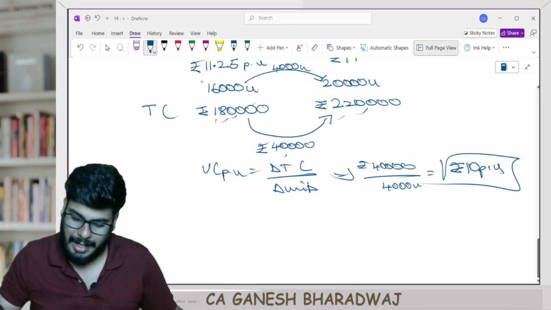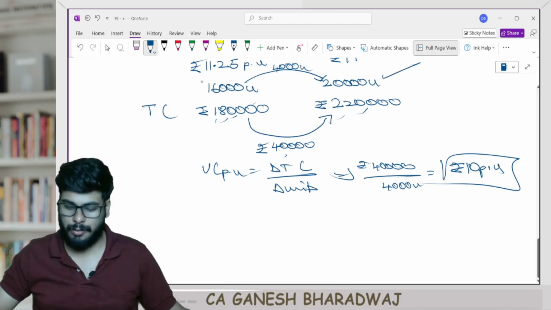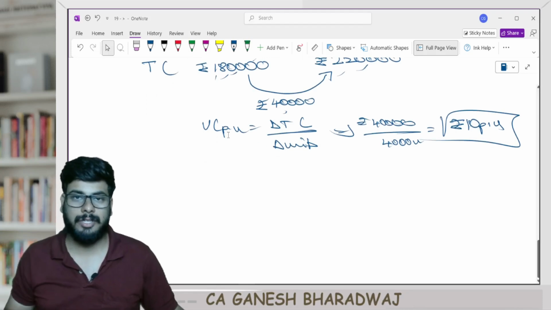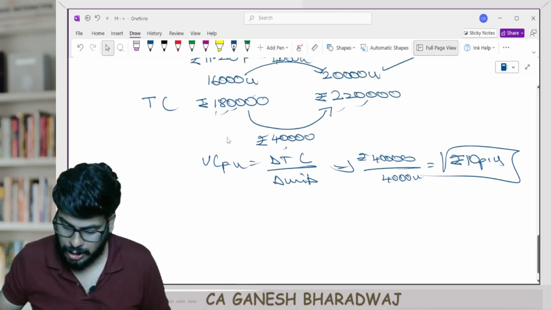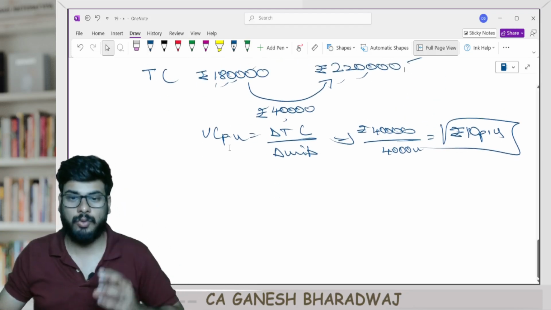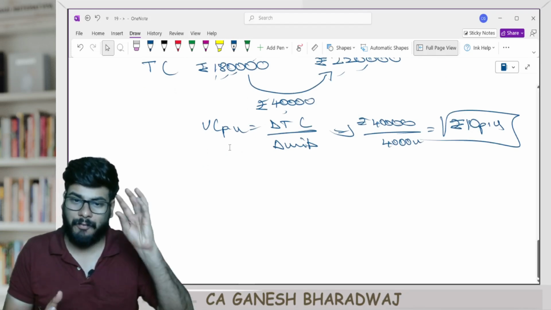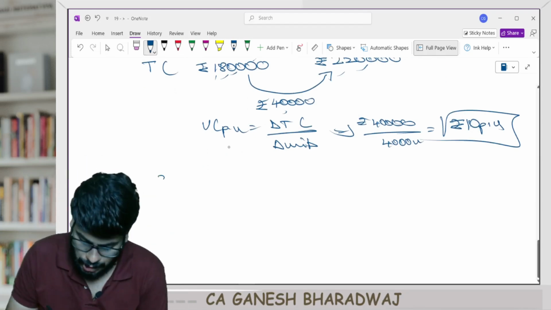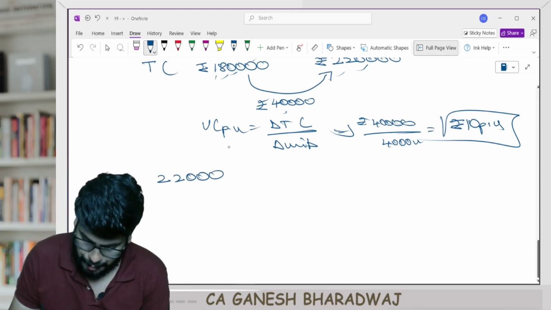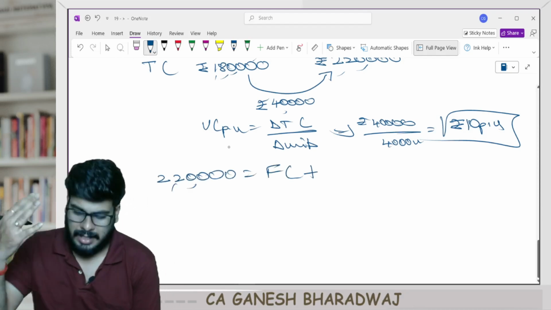Now you can take any one output level, take the 20,000 units output level. For 20,000 units, I have a total cost of 2,20,000. This 2,20,000 is a component of both fixed as well as variable. So 2,20,000 rupees is equal to fixed cost plus variable cost.